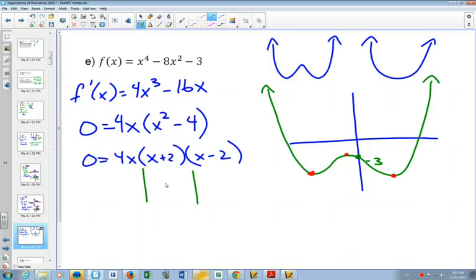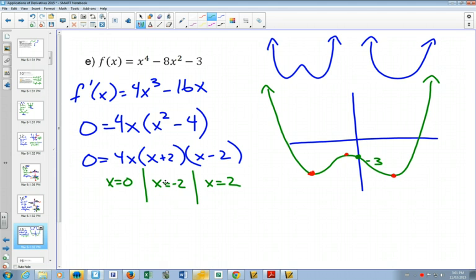Someone would think I designed this question so it worked out nicely. And we get x equals 0, x equals minus 2, and x equals 2 as all the places where our derivative is equal to 0.